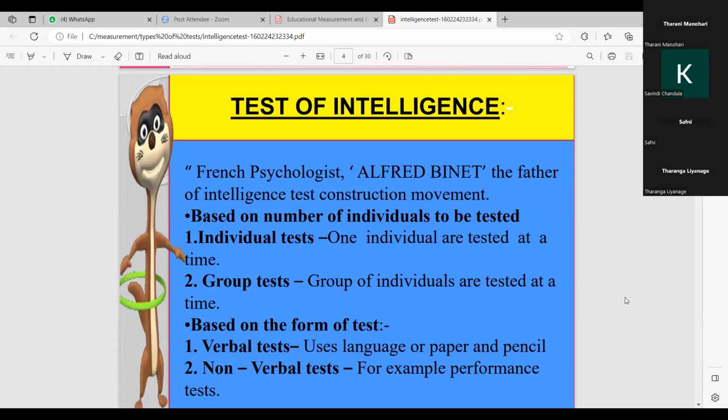Likewise, for the 7-year-old children also, they prepared another list. They should be able to perform these physical tasks, solve these mental questions at this age. So like that, he prepared a list of activities, what the students of particular ages can do, right?